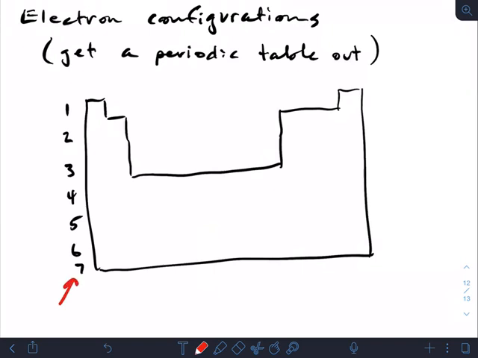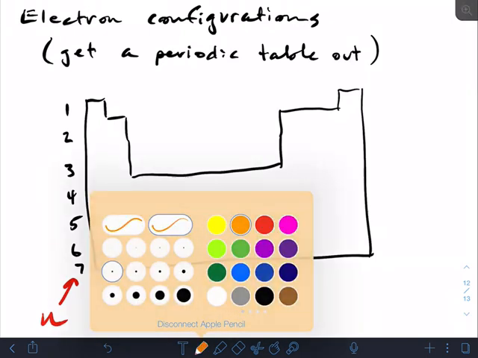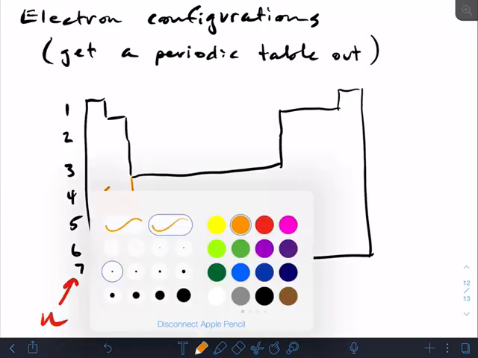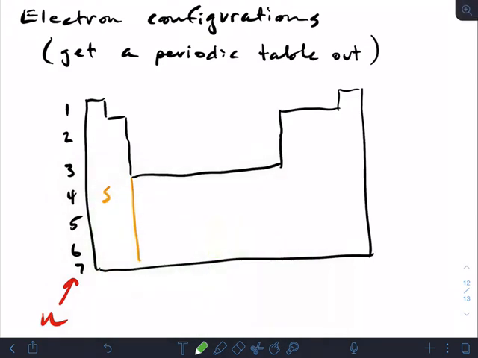Those on the side there, surprise, surprise, that is your n value. All those numbers on the left-hand side of the table, that is your value for the principal quantum number n.